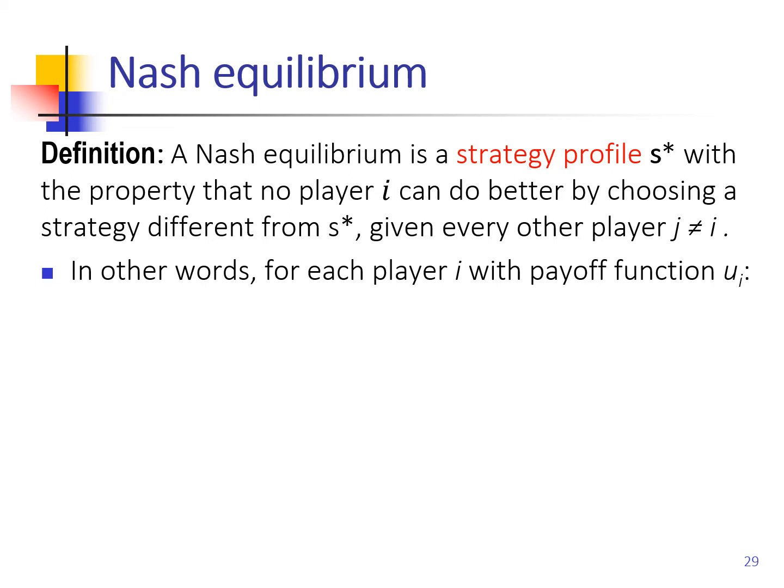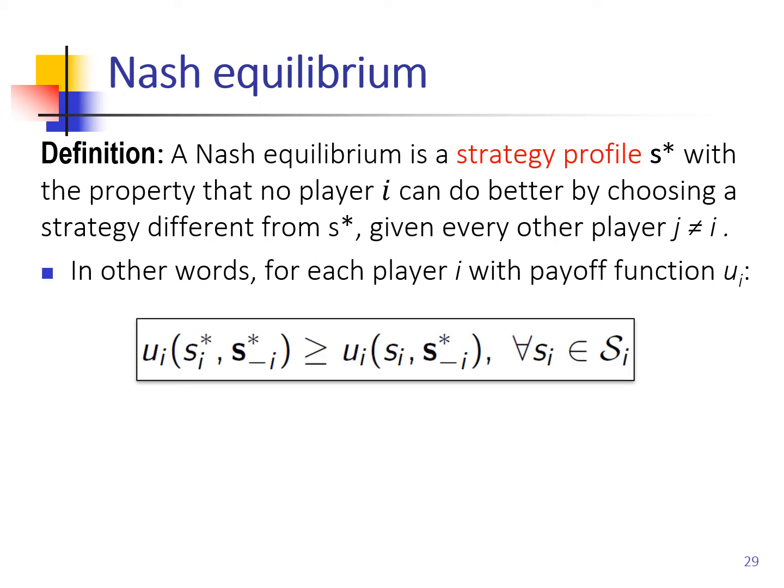So essentially, if I write down for player i with payoff function u_i, the utility he would get if he plays the Nash equilibrium S_i star, given that the other players, minus i, play S star, this will be greater than what he gets if he chooses any other S_i which is different than S_i star. Hopefully this is very clear. It's a very easy definition.